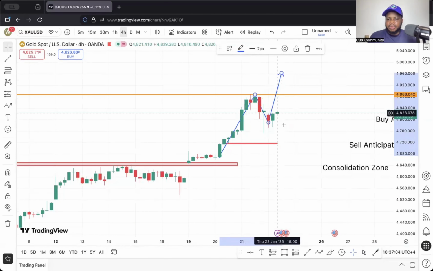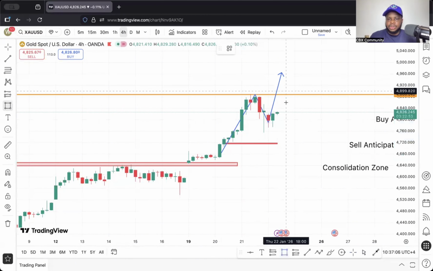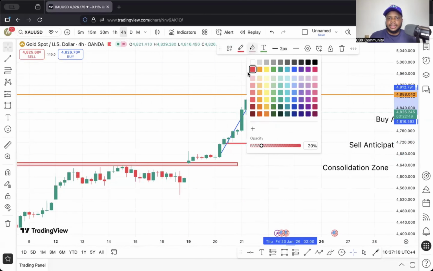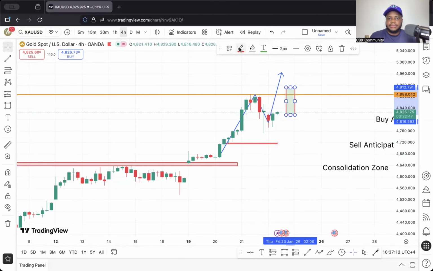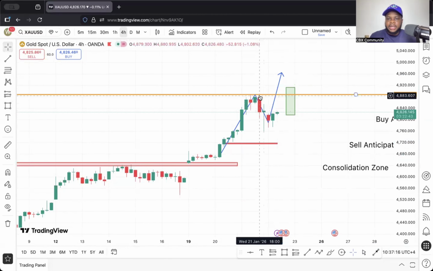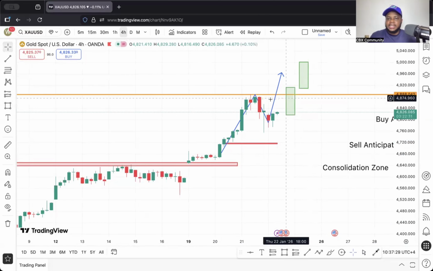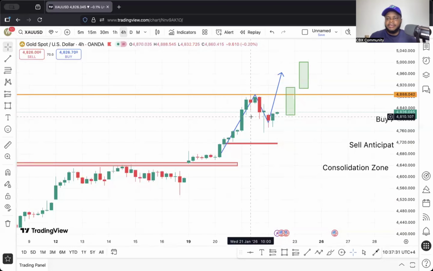The moment a bullish candle, let me change this color to green, breaks the high of this place and closes with a bullish candle, and the next candle continues to go up and closes with a bullish candle, then we can consider the market structure in 4 hours time frame to be in an uptrend.